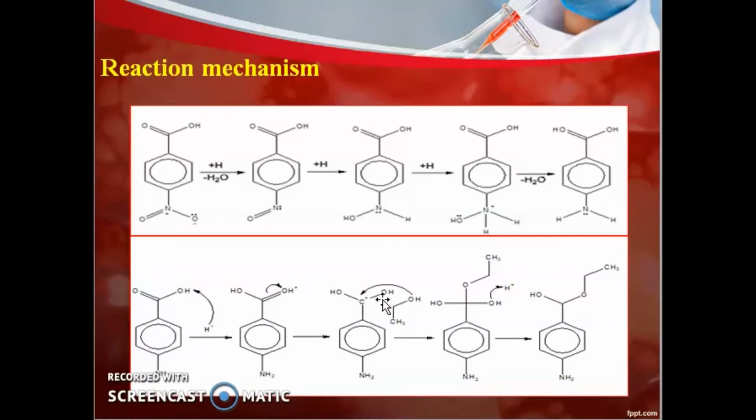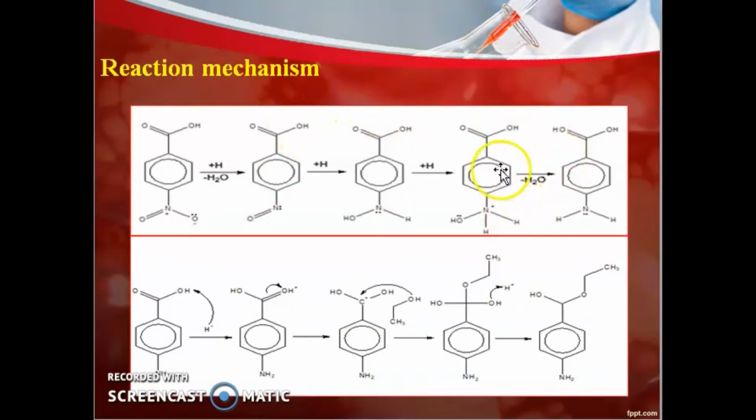Now the reaction mechanism. In the mechanism of this reaction, there is a reduction of para-nitrobenzoic acid to aminobenzoic acid. For that conversion, there is a protonation in each step. One oxygen gets removed from this molecule and a proton takes its place here.